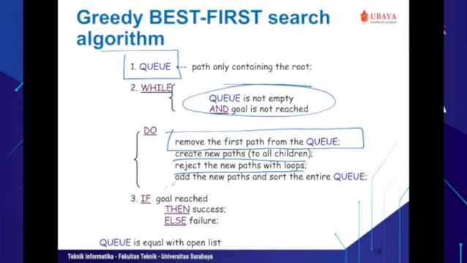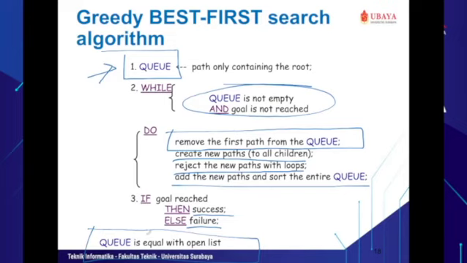Then we will add the new paths and sort the entire queue. If the goal is reached, then success. If the goal is not reached, then it means failure. So there is a possibility for this greedy best first search to not find the expected solution. So let's see here that we use a queue. The queue that we use is equal to our open list.